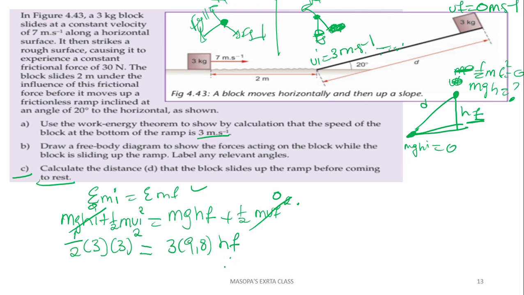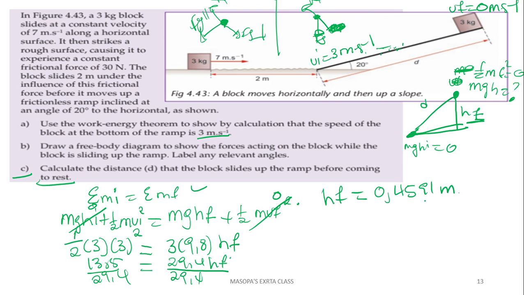So if we're going to look for height, and then when we divide, basically here we're going to get 13.5 that is equal to 29.4 times h, and then divide by 29.4, and then your height will be 0.4591 meters.